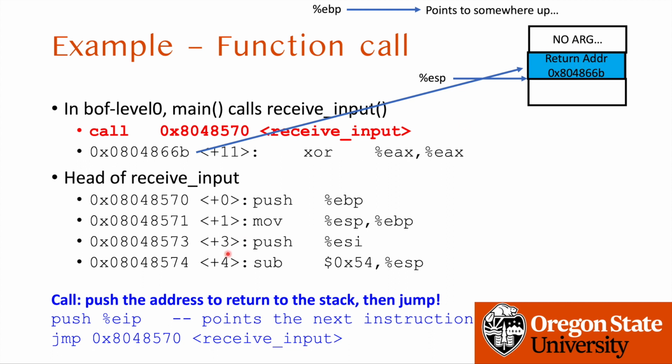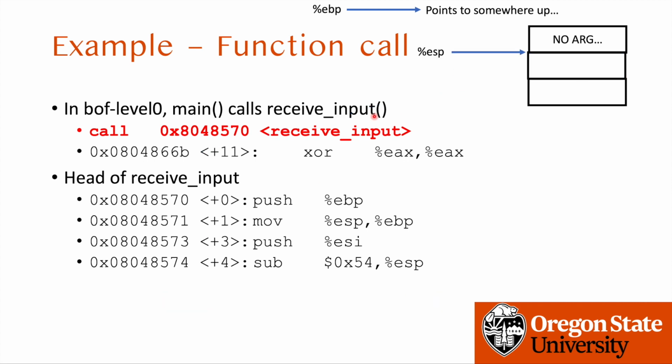The reason is that the call instruction, although it looks like just a one-liner, internally runs as two steps: push EIP and jump to the call target. The EIP always points to the next instruction to run.